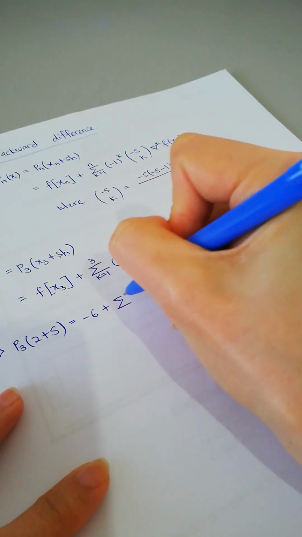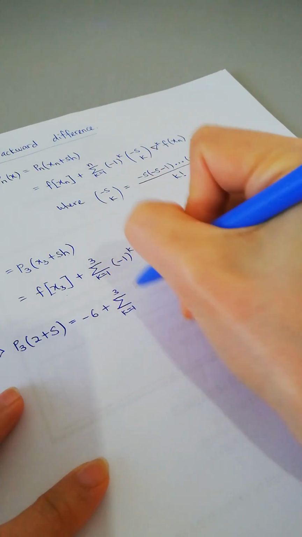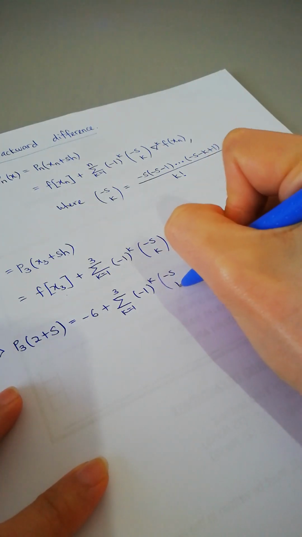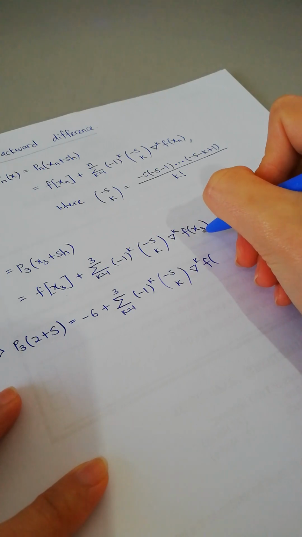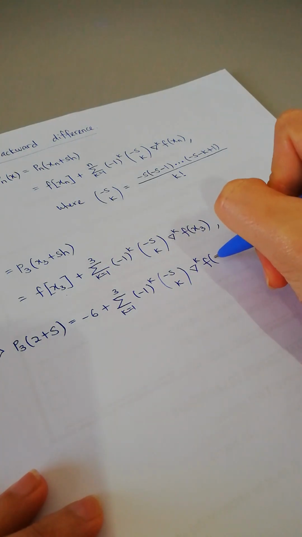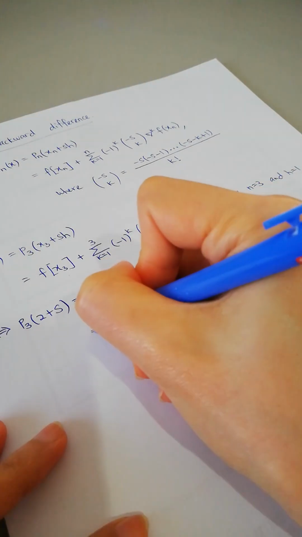plus the sum of this. So you have (-1)^k, and then this is your (-s choose k), and then the backward difference at x3. You can just leave it as x3, no harm. Then you begin to take the summation.